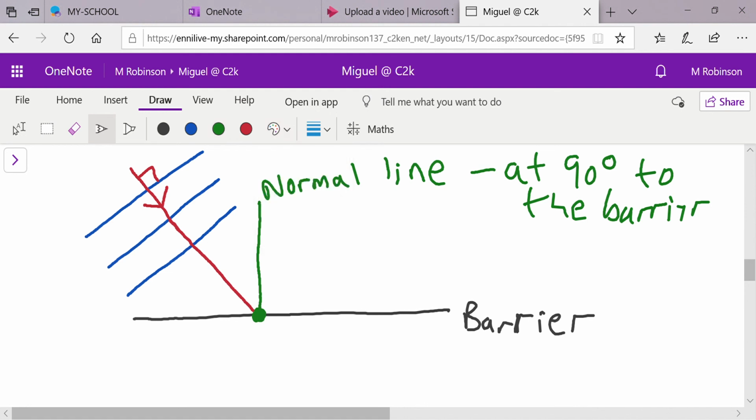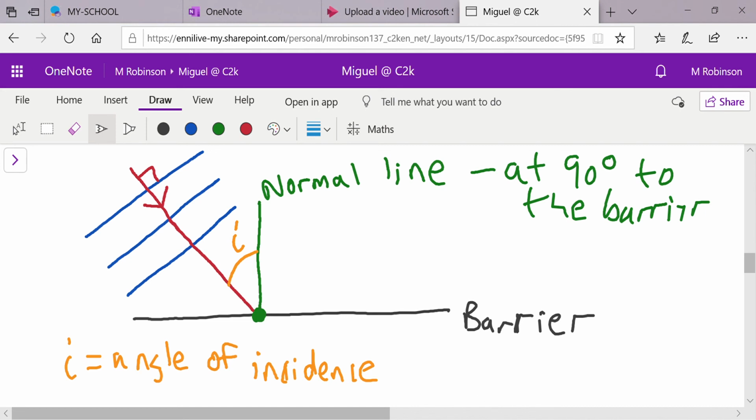Now that angle there, I, is called the angle of incidence. And it's the angle between the direction of the incident waves.